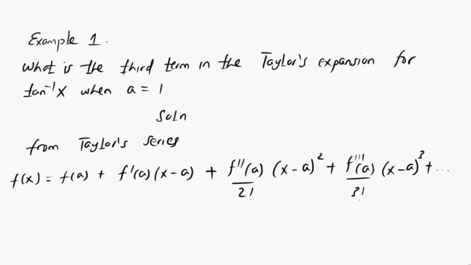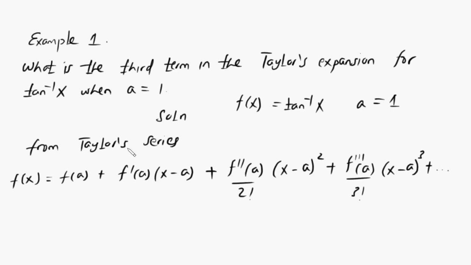It says, what is the third term in the Taylor's expansion for tan inverse of x when a equals 1? So our f(x) is just tan inverse of x, and our a is 1.